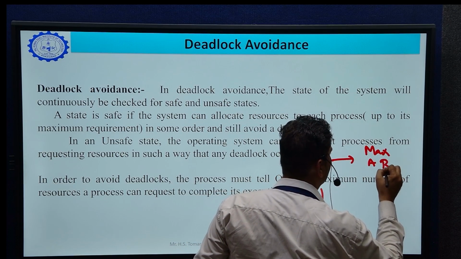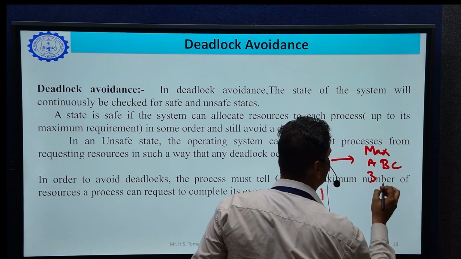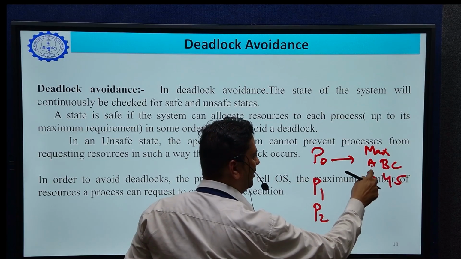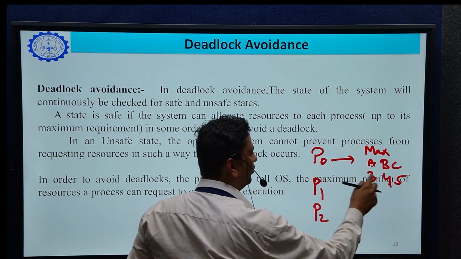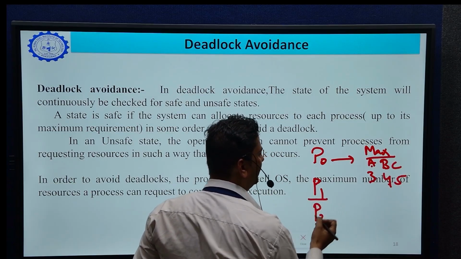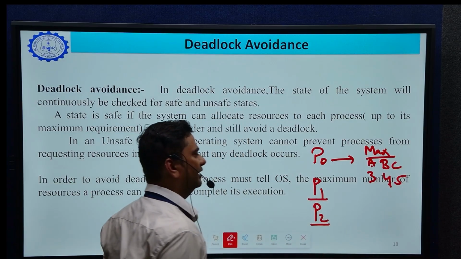Three types of resources are there, with 3, 4, 5 instances. P0 wants 3 of type A, 4 of type B, 5 of type C. That is the maximum demand of the process. Similarly, P1 and P2 have their own maximum demand.